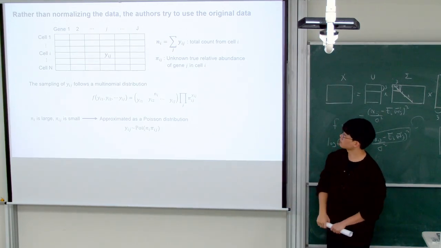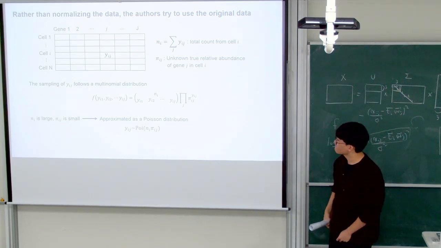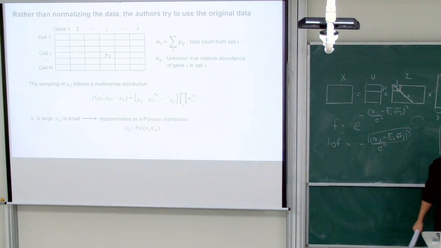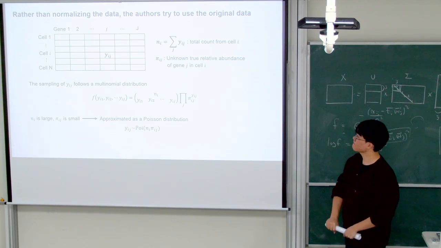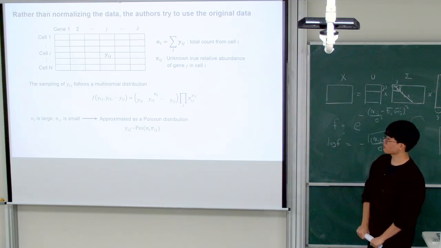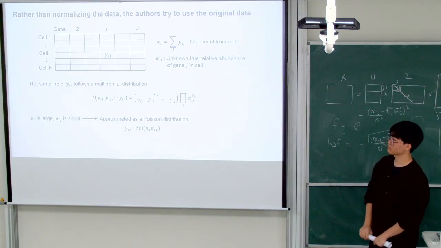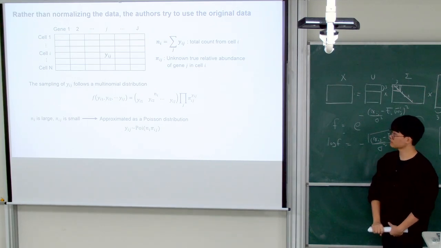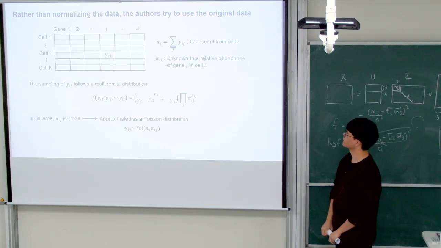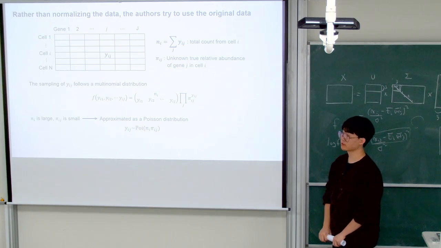Ni is very, very large. Two of relative abundance. Yes, right. So it means the sum of pi ij is 1. Exactly.